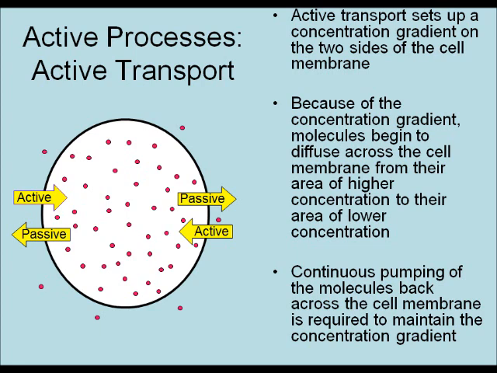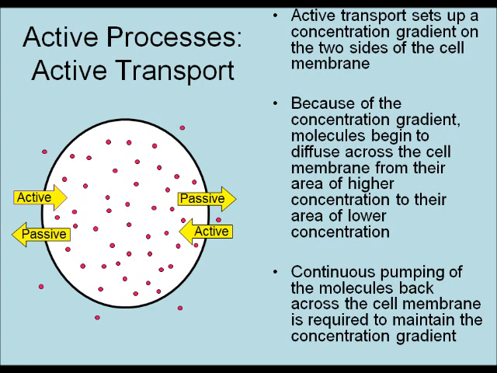It's going to prevent this from running to equilibrium, because by constantly pumping stuff in, we're keeping this area in here highly concentrated with this molecule, and a lower concentration out here. So we've set this up with active transport, and we've used energy to do so.